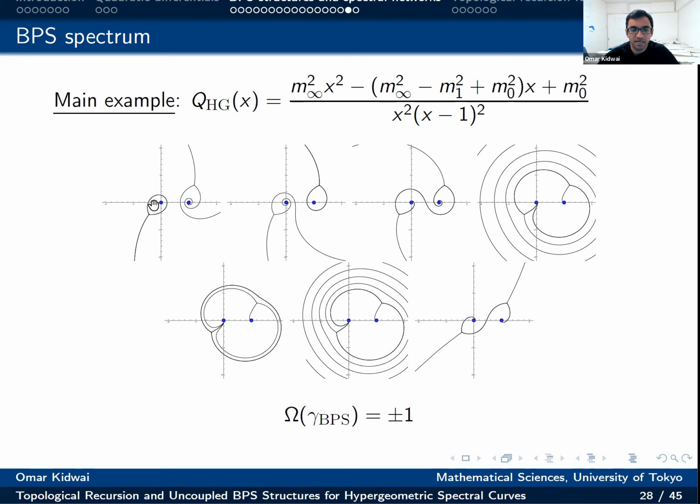These are ring domains. There's a bunch of closed trajectories inside the loop, and then there are 4 saddles that go from a simple 0 to a simple 0. I give +1 to these 4, and I give -1 to these 3. That gives me the BPS structure associated to QHG.